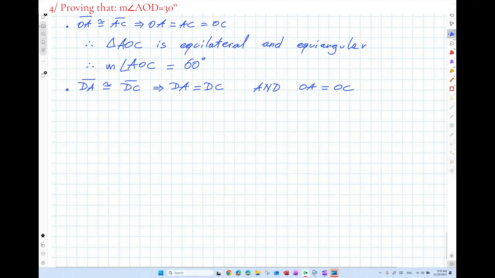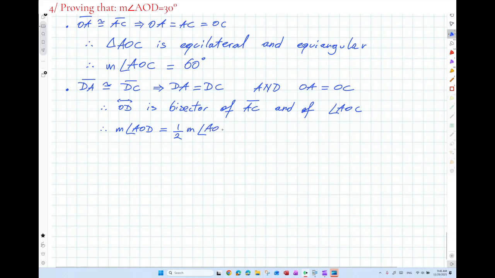So I can conclude that the line OD is bisector not only of AC, but also of the angle AOC. Therefore, the measure of the angle AOD would be half of the measure of the angle AOC. And 60 over 2 is 30 degrees.